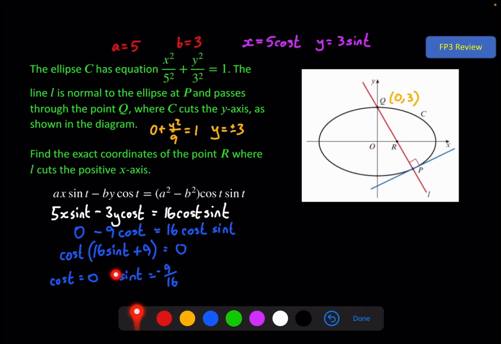There's a second answer for t in here as well, which would correspond to this line going down this direction, normal here, still crossing through Q, but again we can clearly see that's not the one we want.